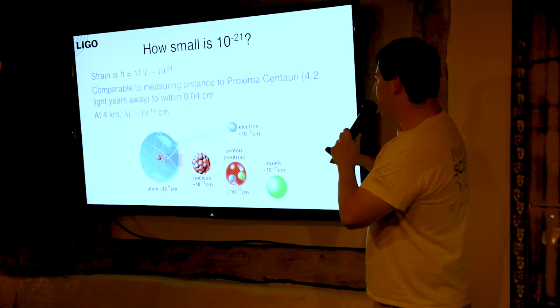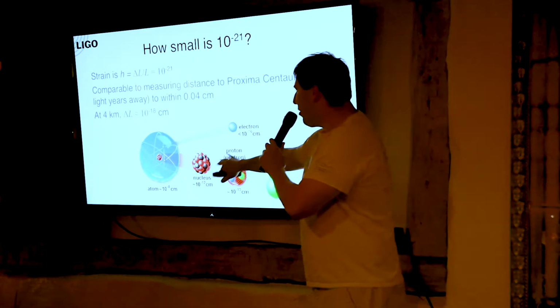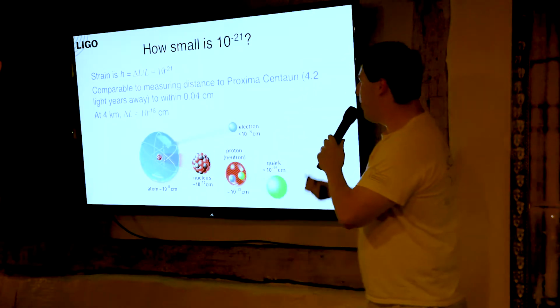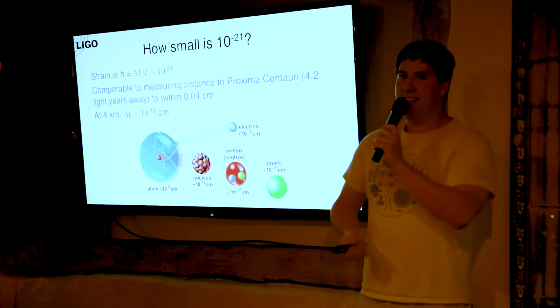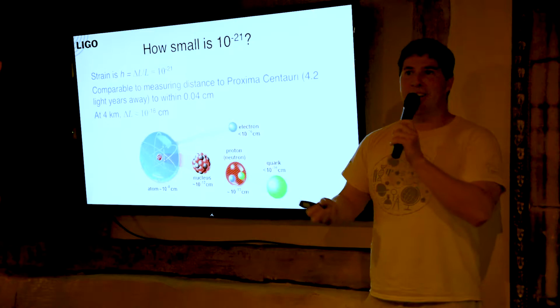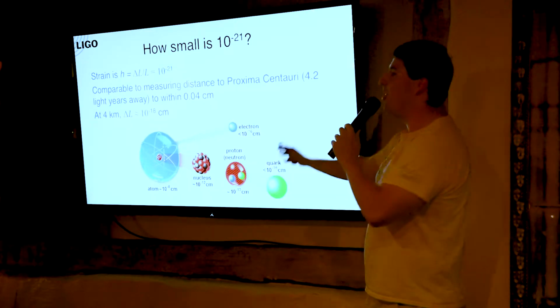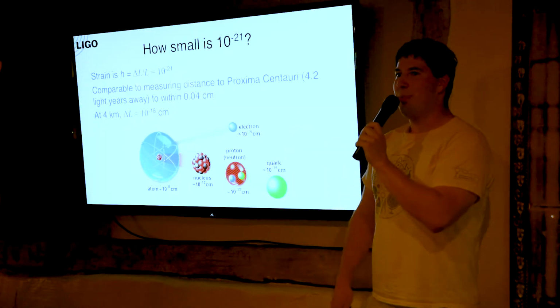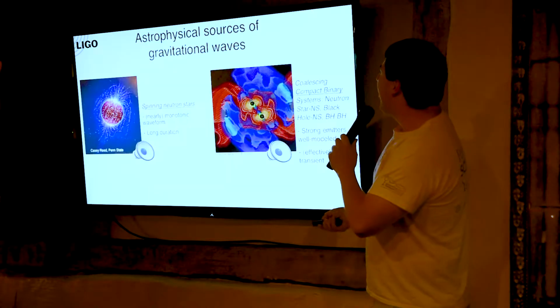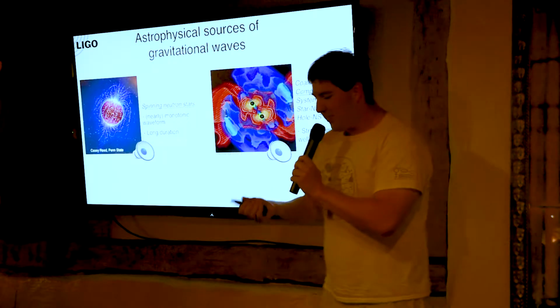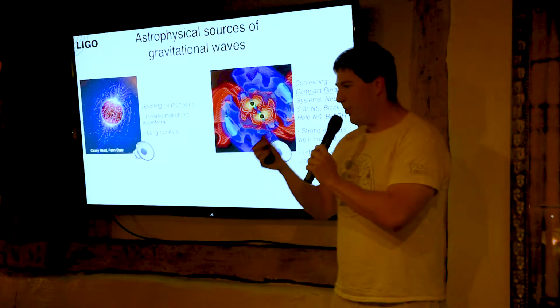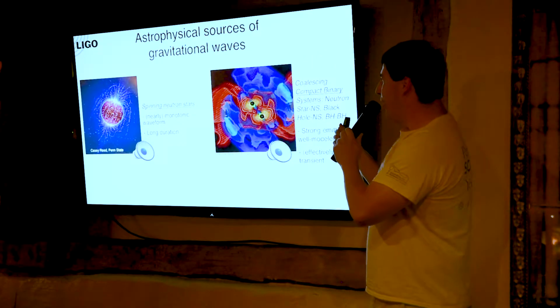Just as a comparison, this is an atomic scale. An atom itself is 10 to the minus 8 centimeters. A proton is about 10 to the minus 13 centimeters. So you're trying to get down to sizes that are smaller than a proton, which is pretty ridiculous. These are really, really small distances.